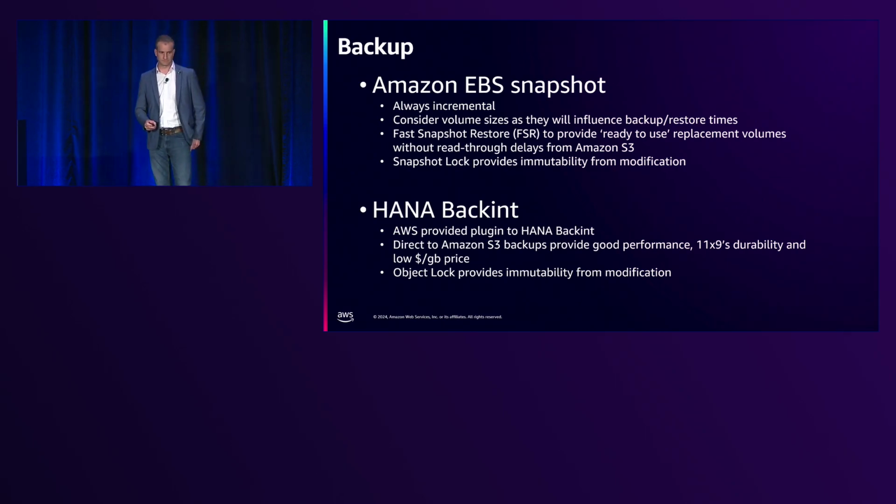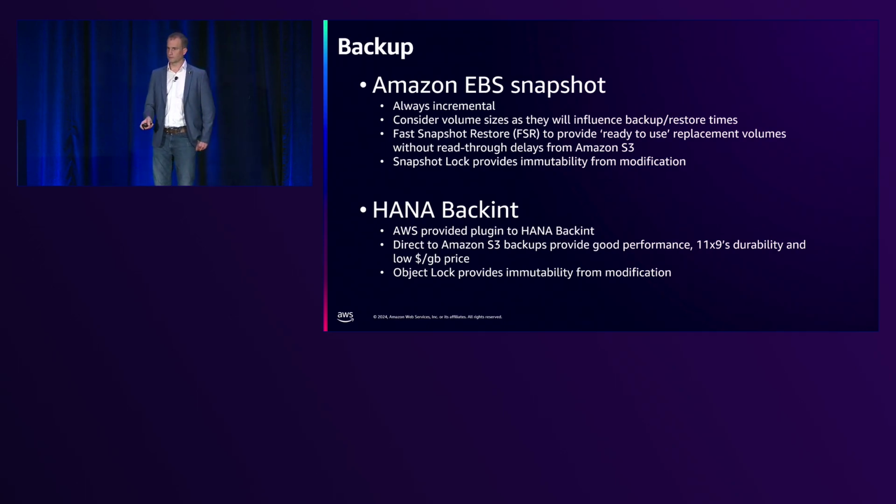Moving on to backup. EBS, always incremental snapshots. We use fast snapshot restore, FSR, heavily. The main reason to do this is it avoids the read-through delays that you get from S3. So restoring a volume from snapshot without using something like FSR to pre-warm it will deliver an extremely poor experience on opening the database.